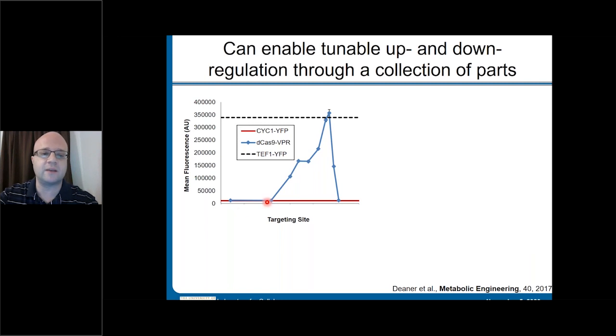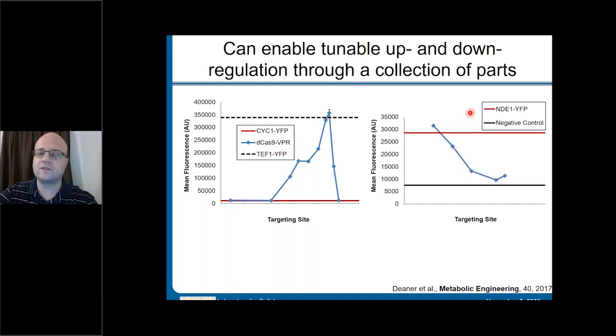Here's an example where we took this psych promoter, which is a medium strength promoter, about the first percentile or so in terms of expression. By having this activator associated with it, depending on where we step along, we can get that promoter to be as strong as a TEF promoter. We can also take NDE1, which is a relatively strong promoter, and by stepping a repressor along the site towards the start codon, we can ultimately repress that down to almost the level of a complete knockout.